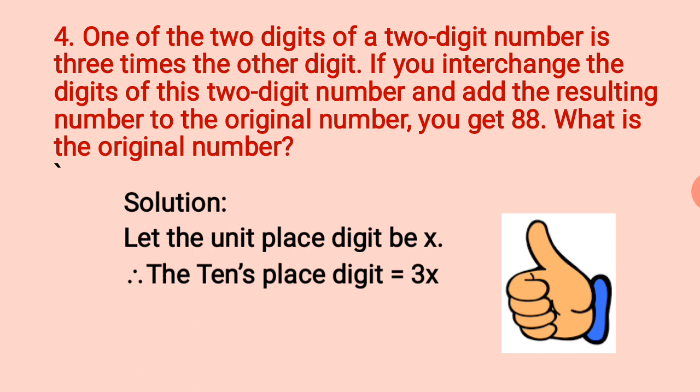I mean whether the tens place is larger or the units one. So this is just our consideration. We have taken units as x, so tens will become 3x. You can take it the other way also in this question, not in each and every question. It depends on the question asked.